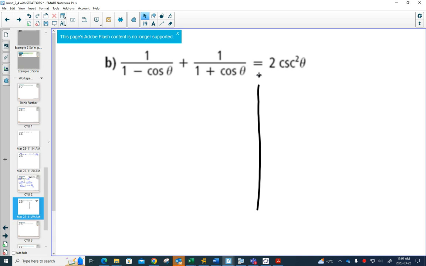I'm going to come around and check what people have there. And then simplify. Put it together so it's a single fraction.